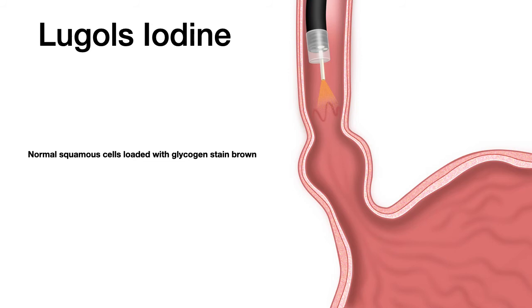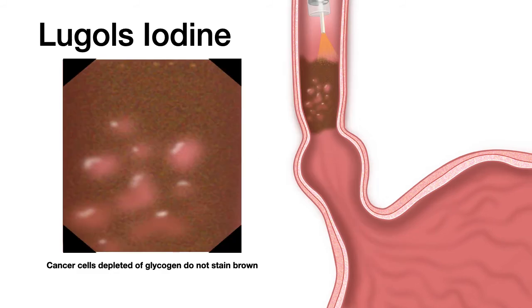Normal squamous cells are rich in glycogen, and they take up the Lugol's iodine and give a brown color. If there is a precancerous cell or a cancerous cell, it does not take up the stain, and it shows up like this, non-stained areas, as you can see here.